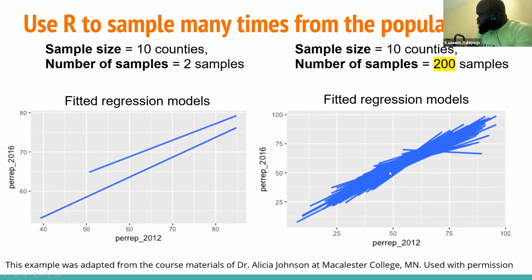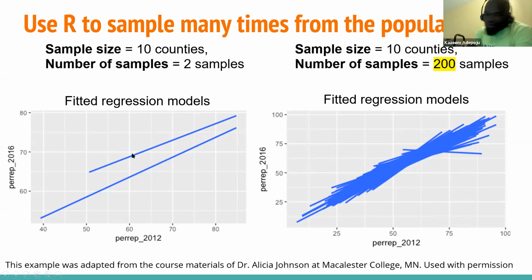Of course, you expect me to have 200 lines of best fit. Can you see that now? Can you see what I'm seeing right now? Now we get a lot of lines.